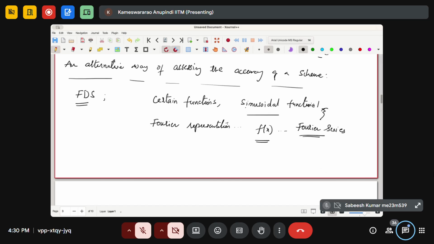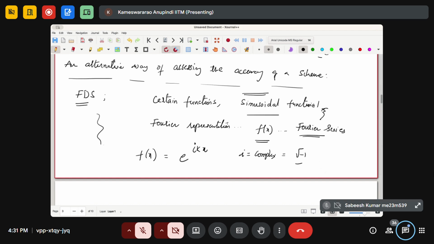So essentially, we boil down the question to looking at the accuracy of the finite difference scheme as applied to sinusoidal functions. The representative we will take for this is f of x equals e to the power i kx, where i is the complex number, equal to square root of minus 1.